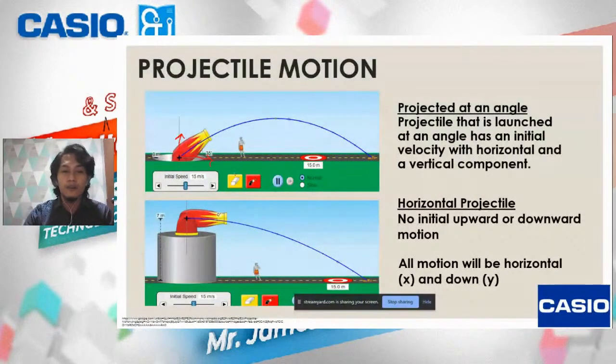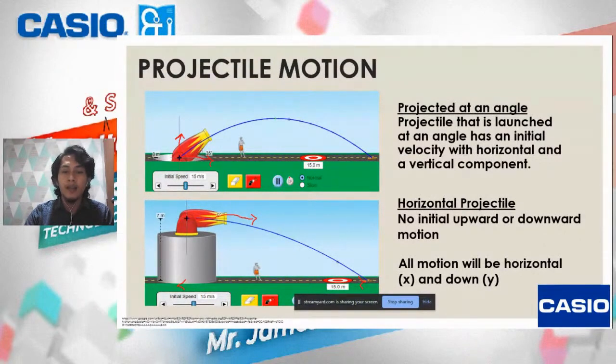Now, speaking of horizontal projectile, our initial velocity is within the horizontal or x component. So initially, we have no upward and no downward component. Normally, our object is elevated with respect to our horizontal. Our range here will be from this point to this point.